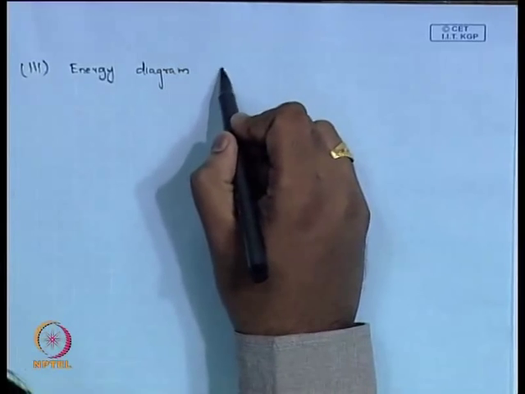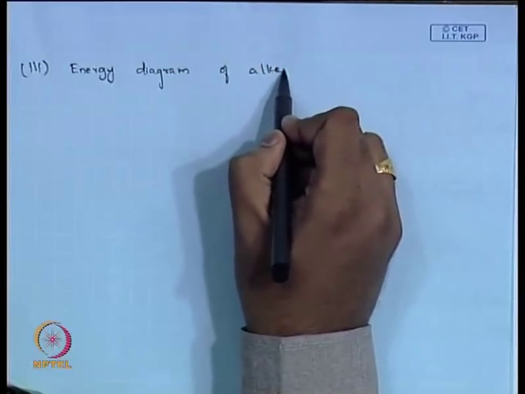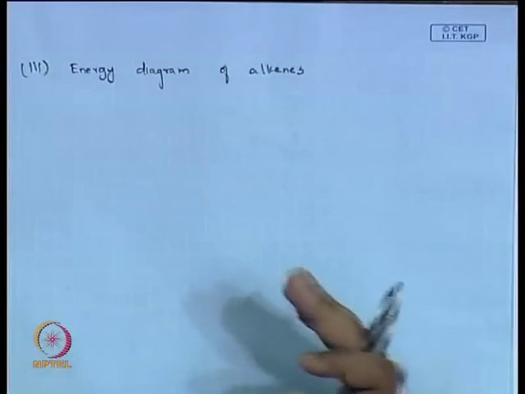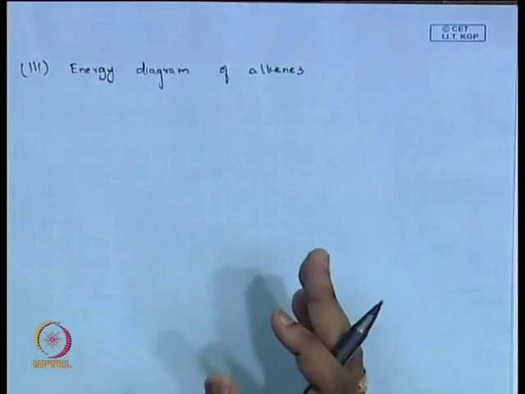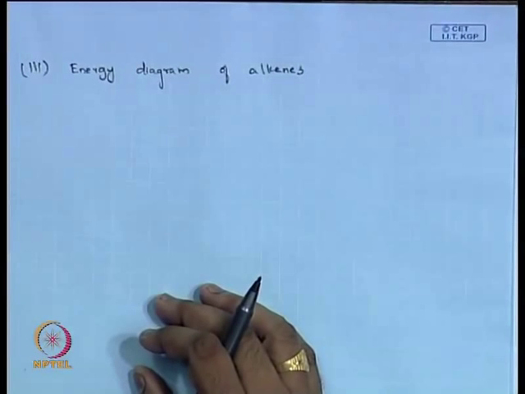We will just see the energy diagram of alkene and see whether all these reactions are going to happen or whether some predominating reactions are going to happen.